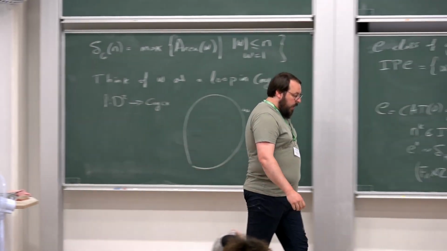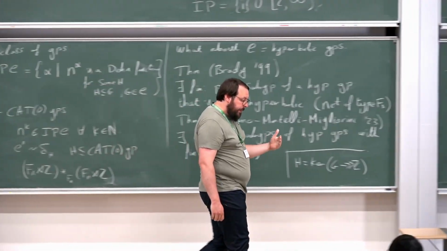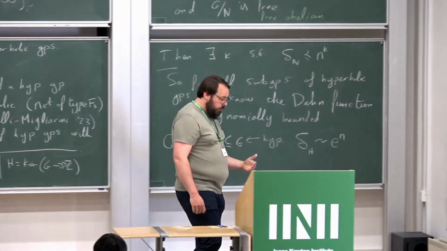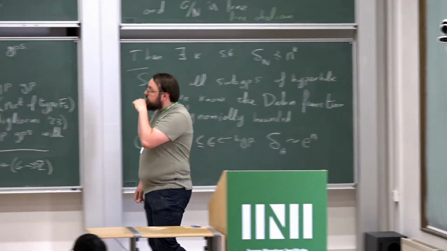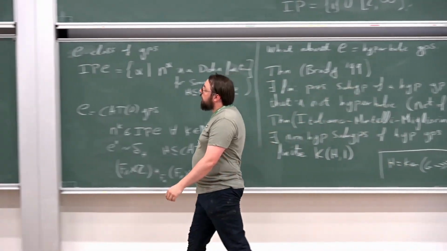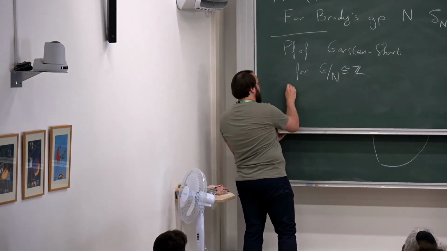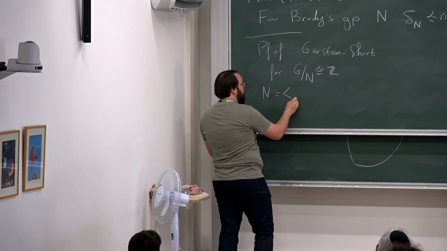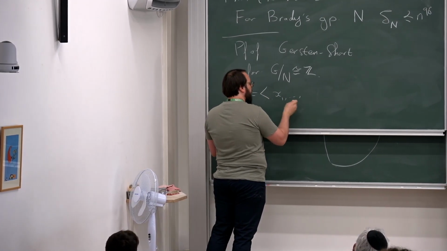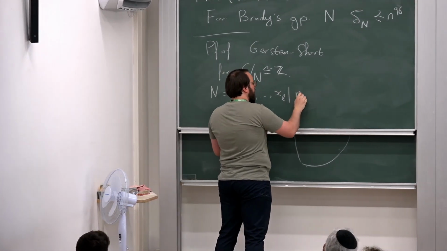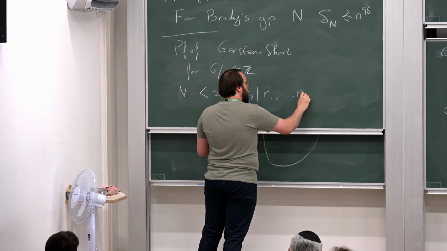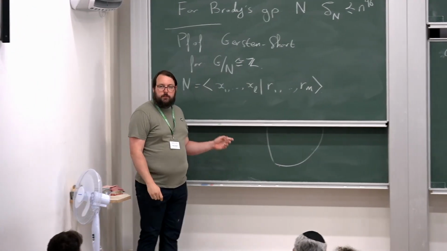I have this hyperbolic group G, I have this normal subgroup N, I have this quotient which is isomorphic to Z. The first ingredient you're going to need is that N has some finite presentation, x1 through xl with relators r1 through rm.